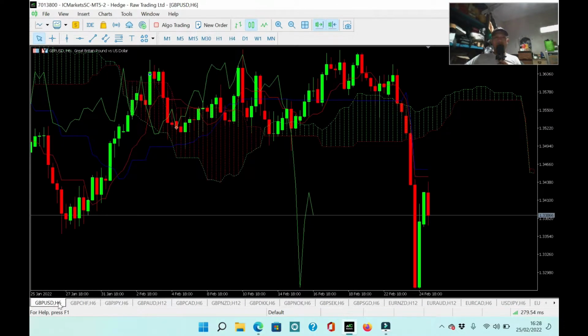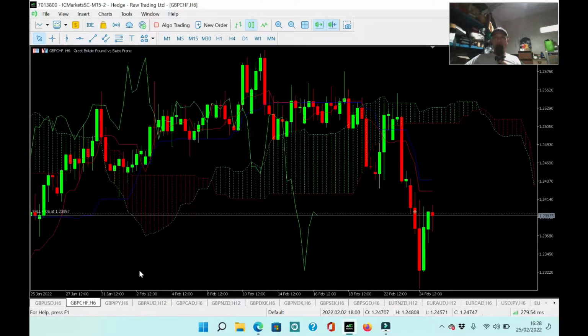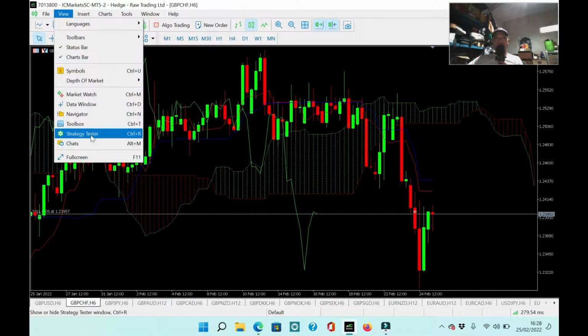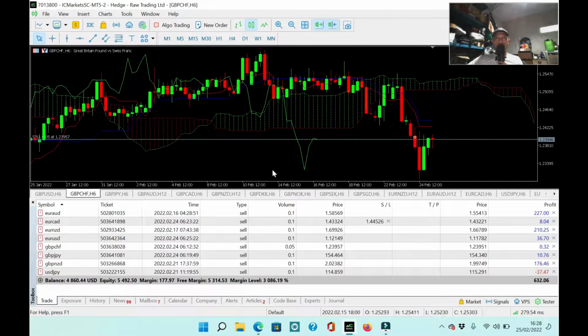Now is pound sterling versus US dollar. The second one, so this one is the price, it seemed like going back. Yesterday I opened the sell position, GBP CHF or Swiss franc, this one.